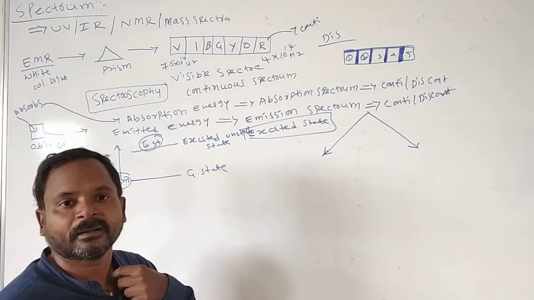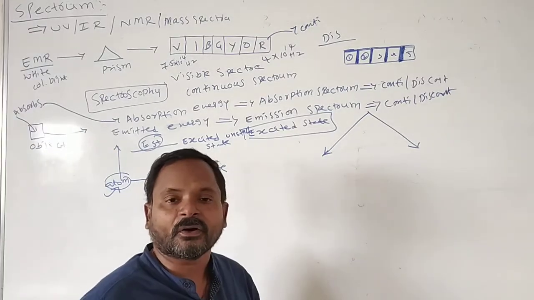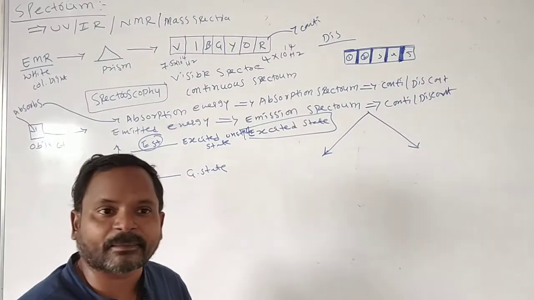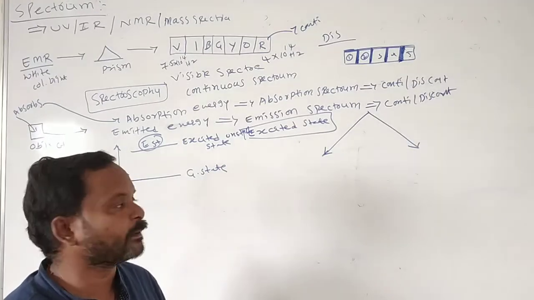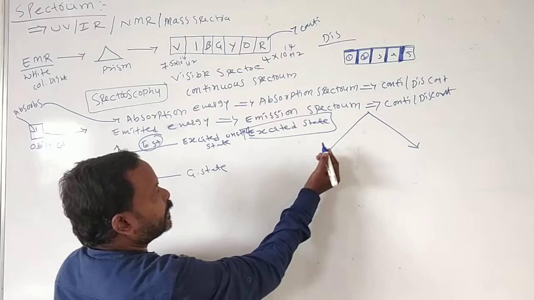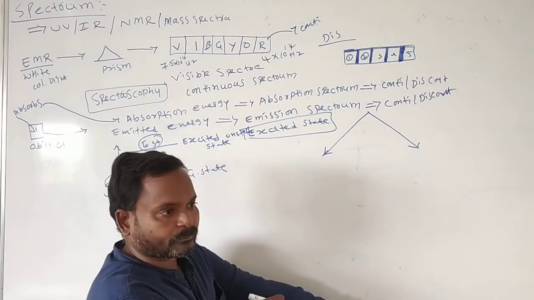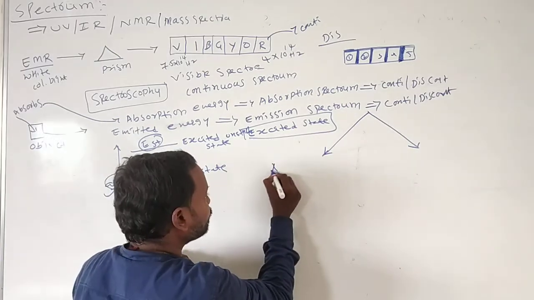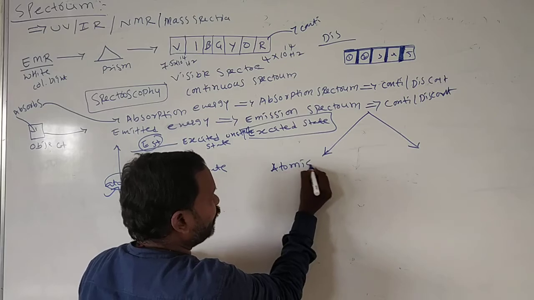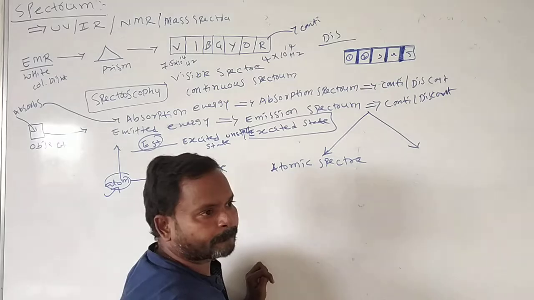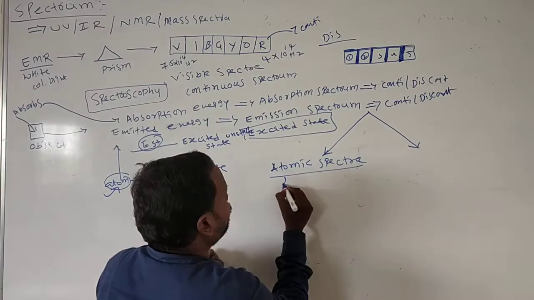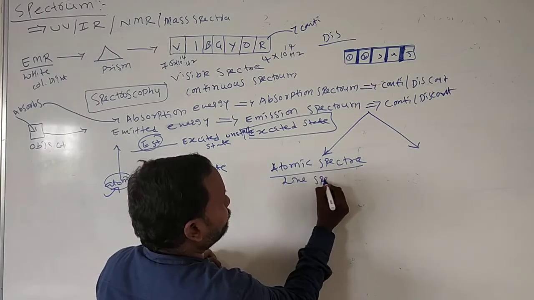Every atom or molecule, organic or inorganic, has characteristic spectra. Here, atoms form one spectra we call atomic spectra. Atomic spectra is also called line spectrum.